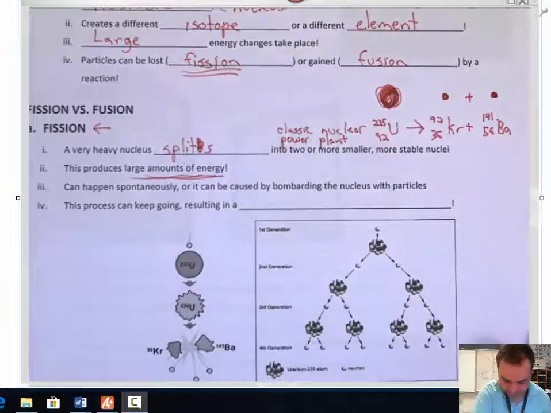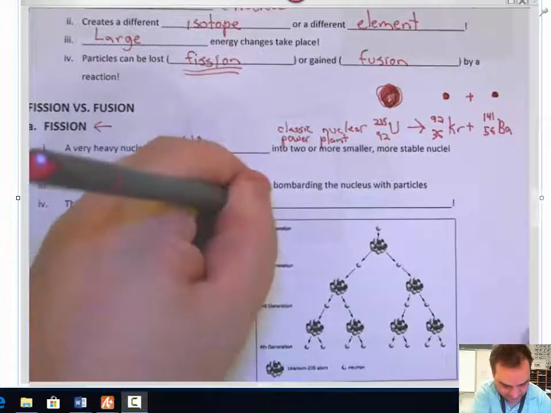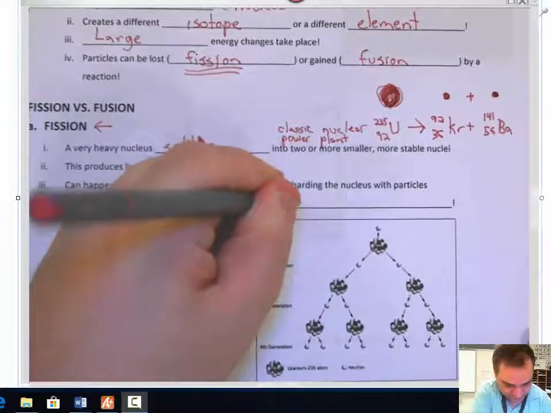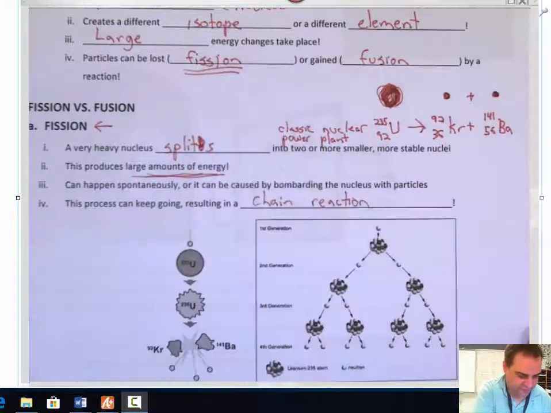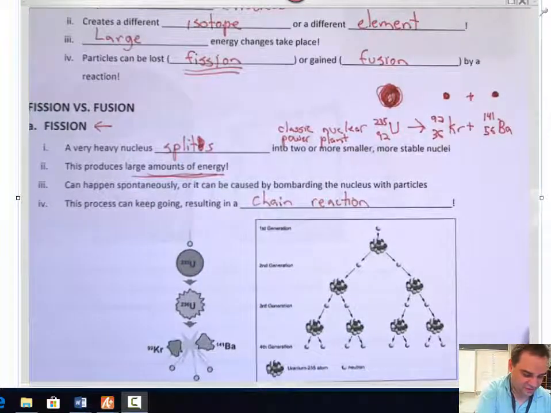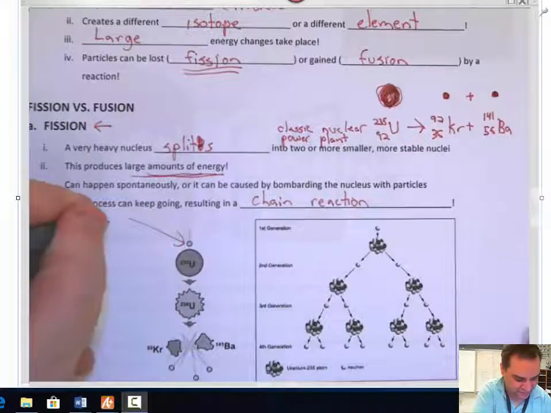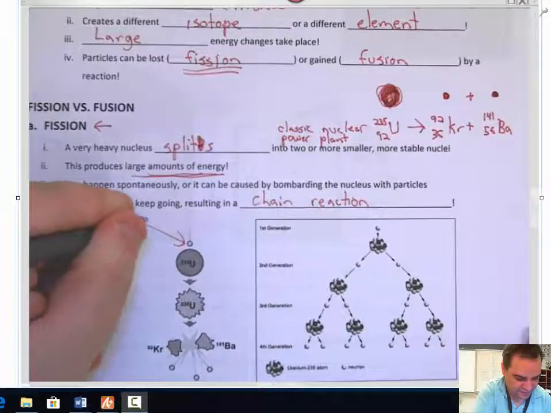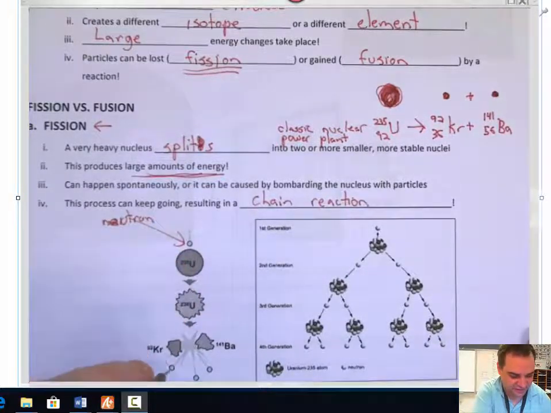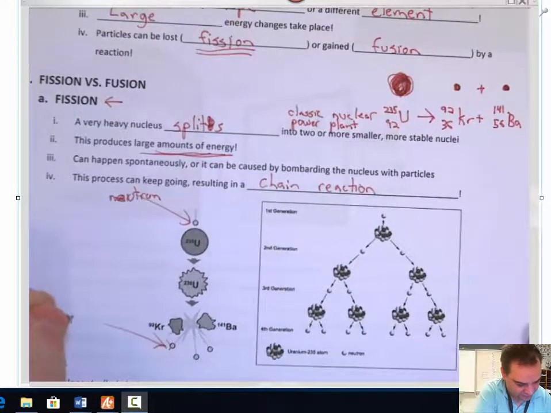Now there's something called a chain reaction. First of all, you need something to initiate the reaction here. They have a neutron here. This is a neutron to start the reaction. And if you notice here at the end of this reaction, you have more neutrons.